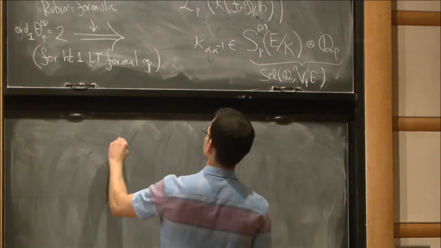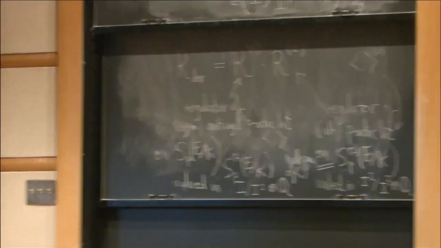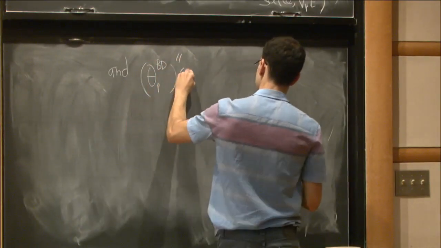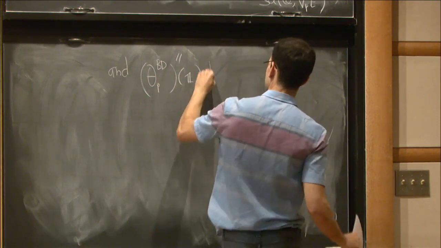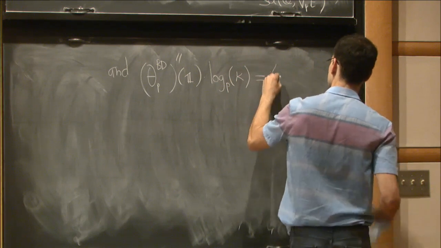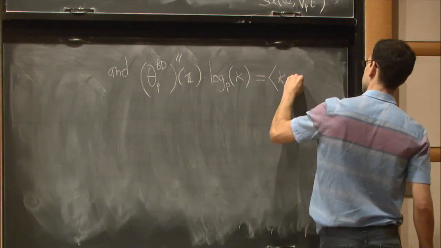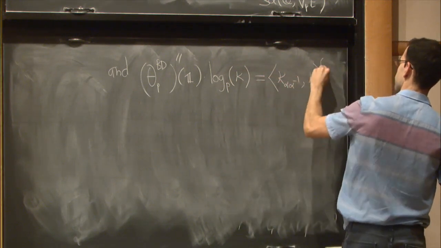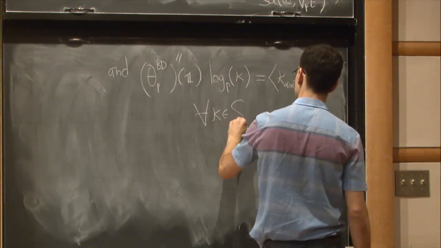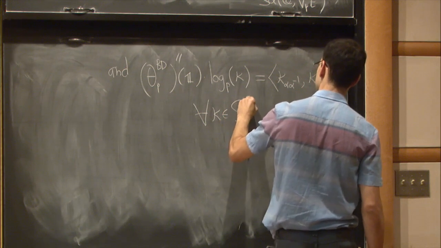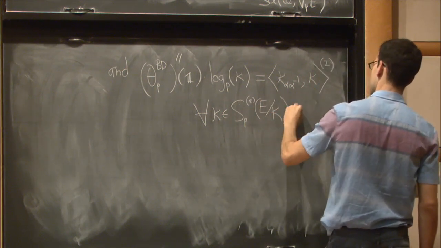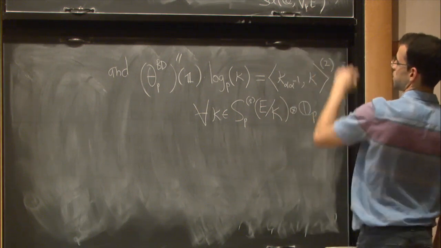So the second derivative at the trivial character times p-adic log of k is kappa alpha, alpha inverse. And this is true for all kappa in here, which is the same as this space.